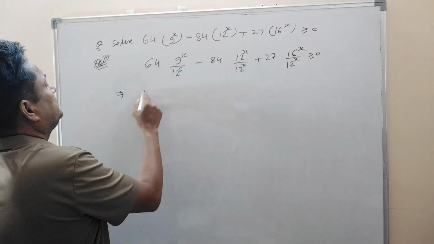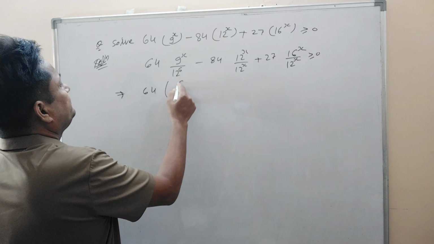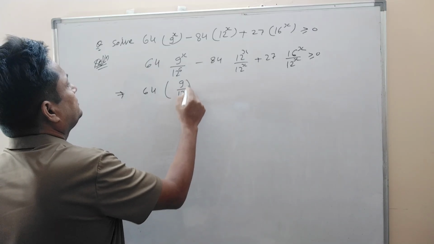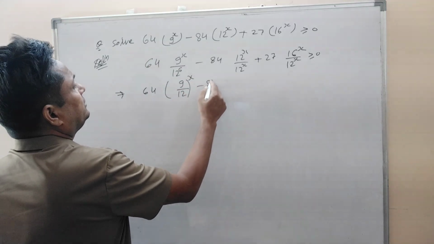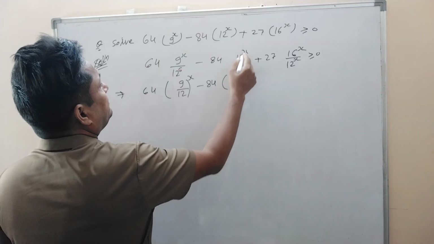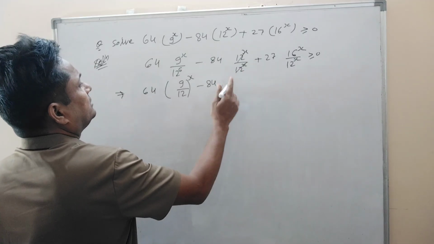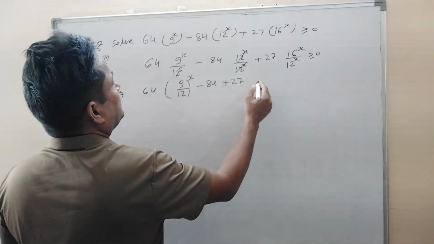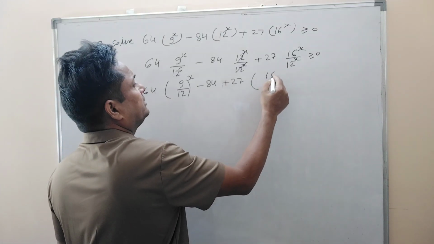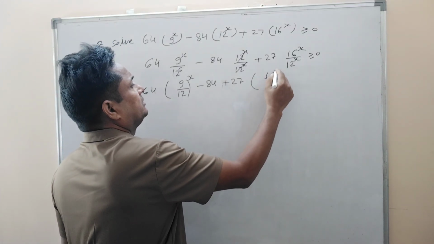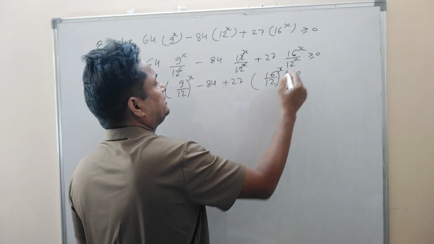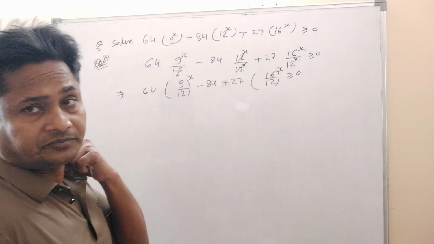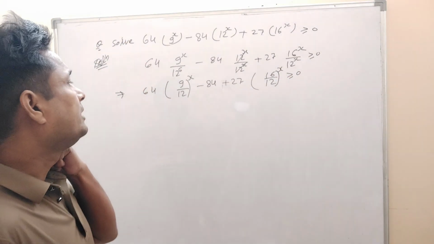Now this can be written as 64 times (9 by 12) to the power x minus 84, this will cancel out, plus 27 times (16 by 12) to the power x greater than or equal to 0.